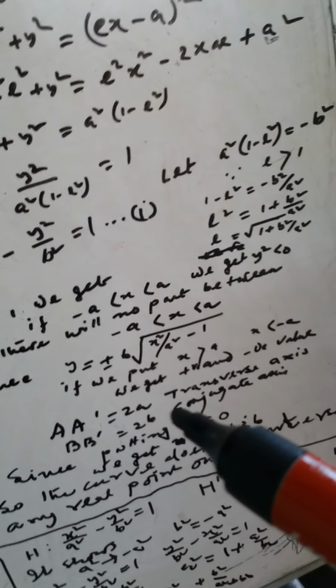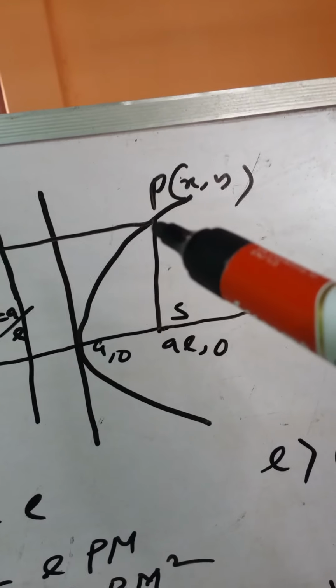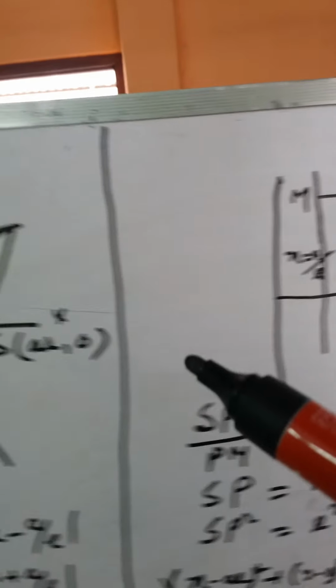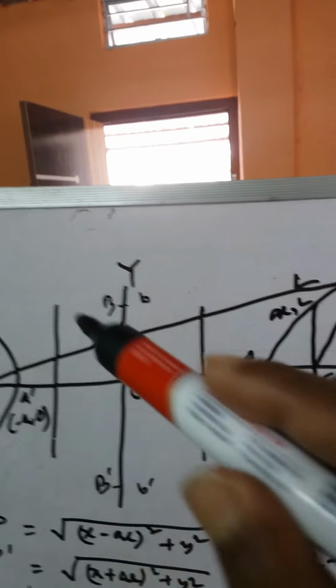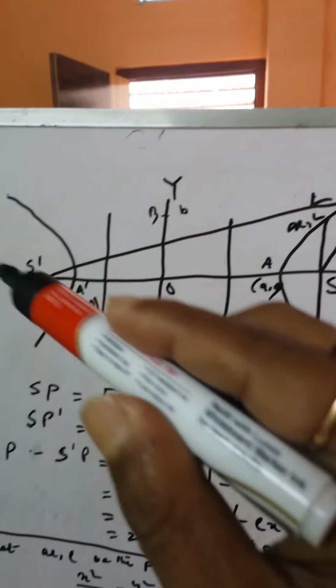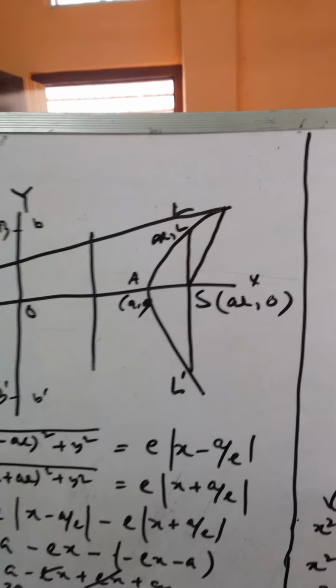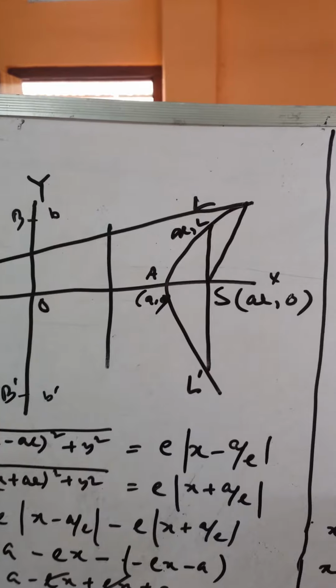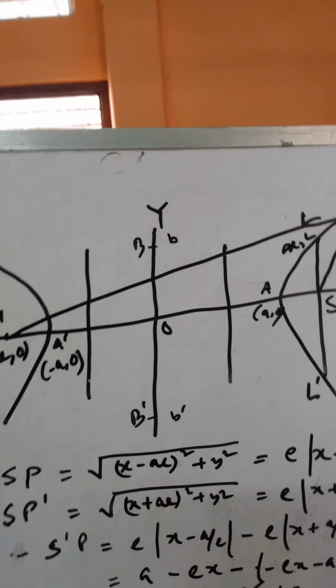It means positive and negative, it means here and there. So the hyperbola is symmetric about both axes. Okay, symmetric about the axis.